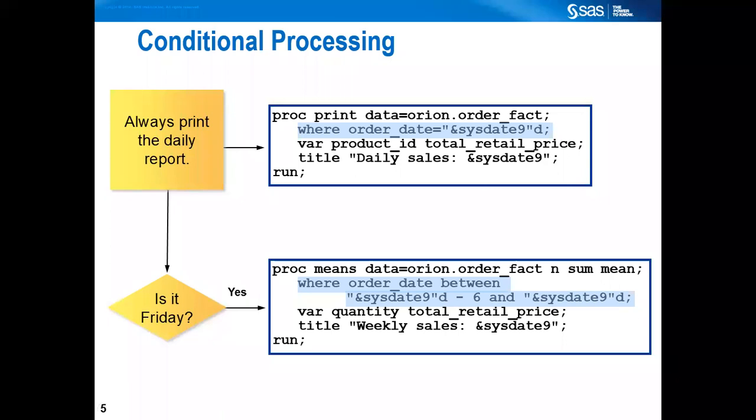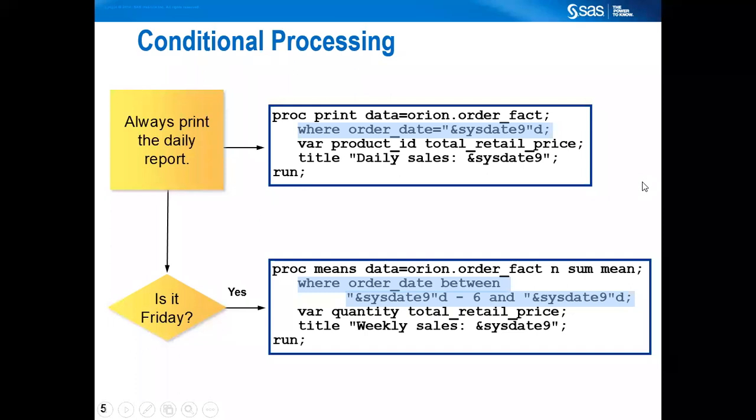That's what I was telling: Sunday is the first day, Monday second, Tuesday 3, Wednesday 4, Thursday 5, and Friday 6, because Saturday is ultimately 7. That is why, when the system day is Friday, only then should it execute proc means, and therefore you are giving it a calculation of the last 6 days. Getting it? Understood?